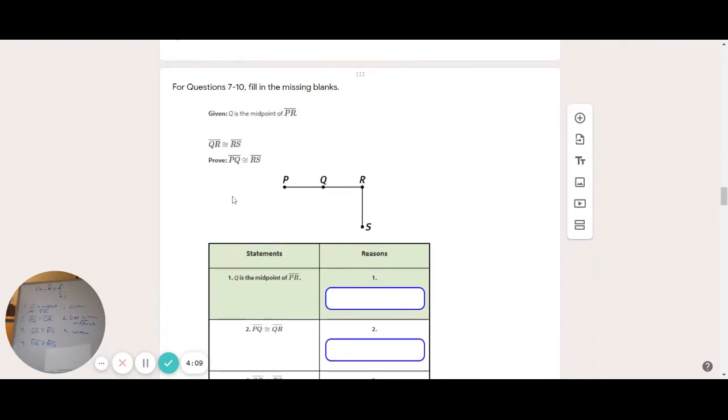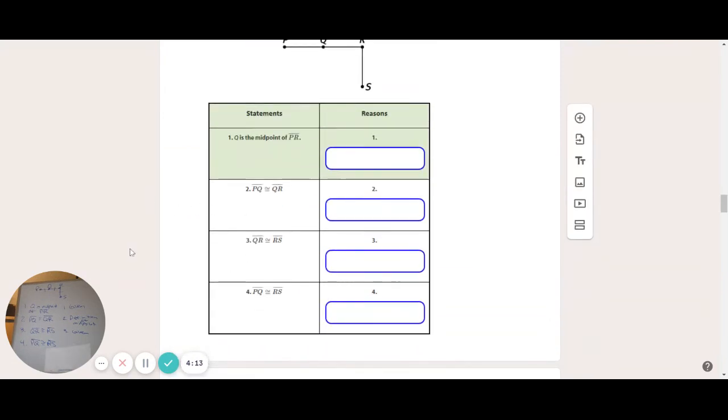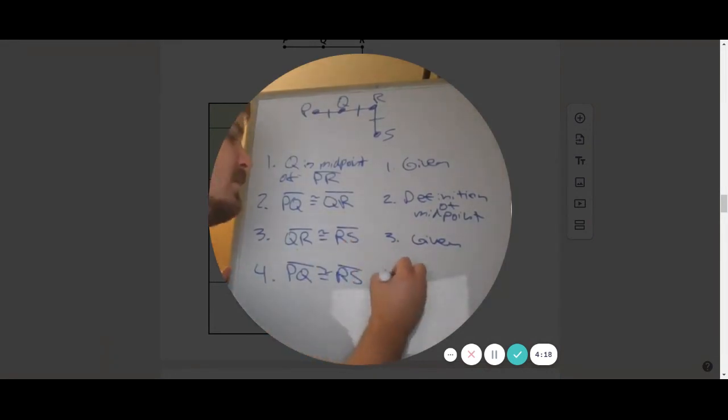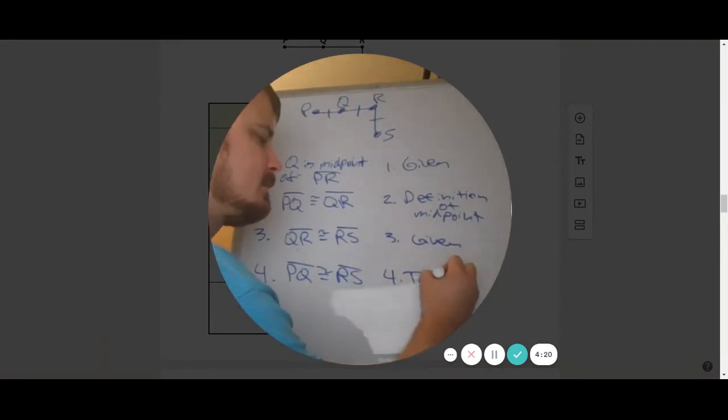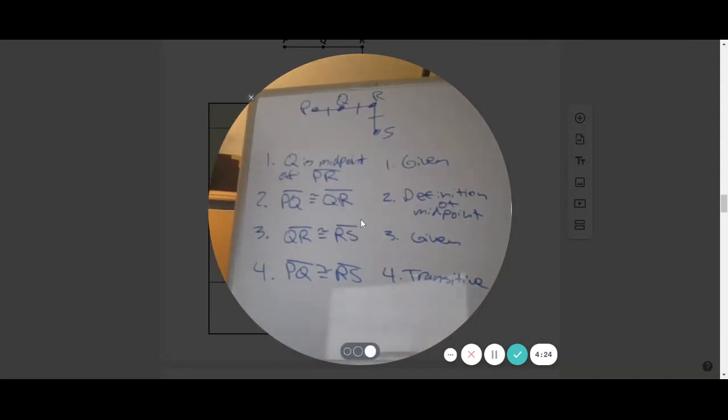Technically, that's the transitive property, or if substitution is the option we got, we could do that, transitive property. So how do we know that? It is for the transitive property. There we go. So go ahead and do the next proof then, and then at the bottom of that, I'll have another video explaining that.